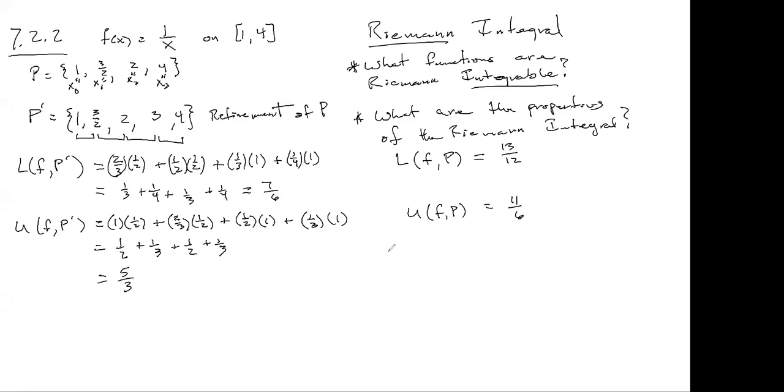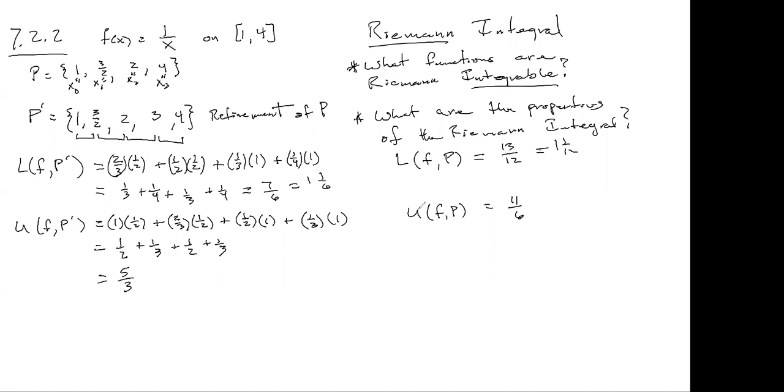Okay. So if we look at what's happened as we've gone from this partition P to this refinement P prime, the lower sum is getting bigger. It was 13/12, so 1 and a 12th, and here we are at 1 and a 6th. So the lower sum is getting bigger as I refine this partition.